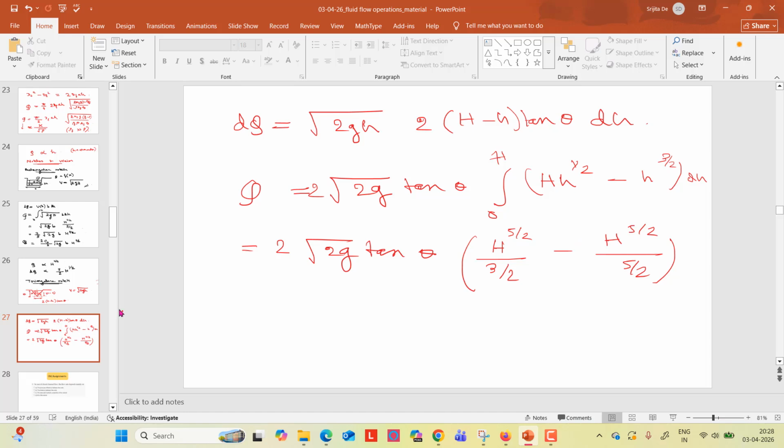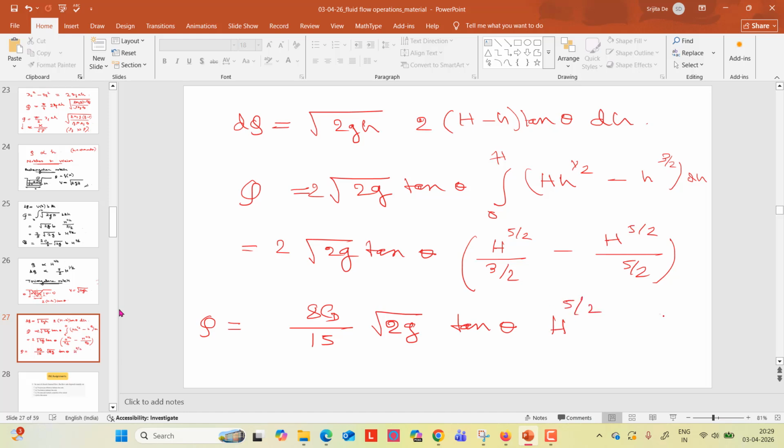So now if you just multiply all those things, you will get the final expression as 8 Cd by 15 into root under 2g tan theta into H to the power 5 by 2.